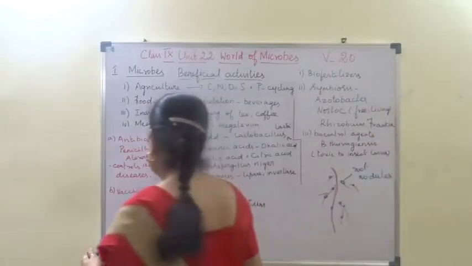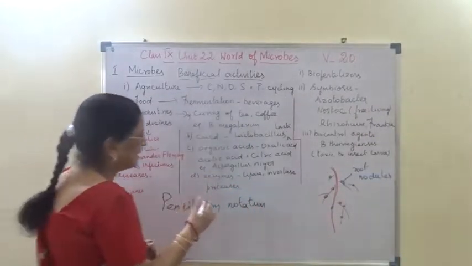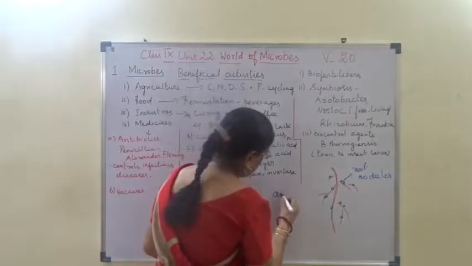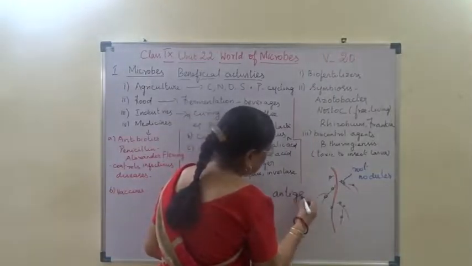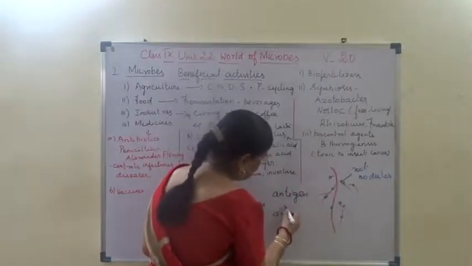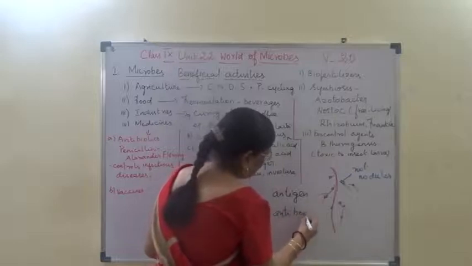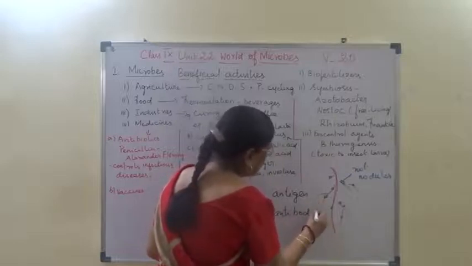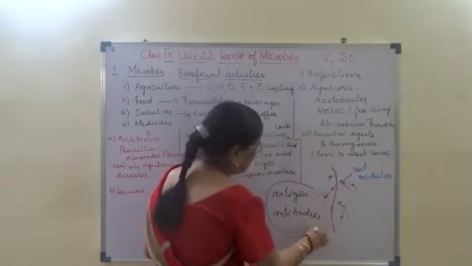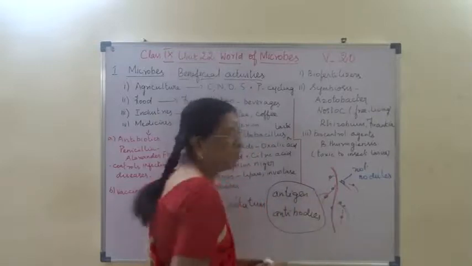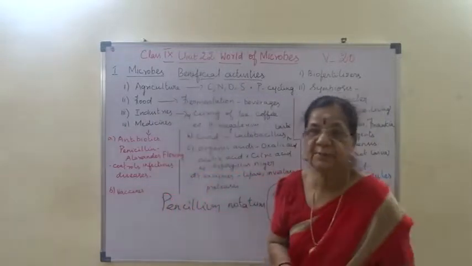So we come across two terms. One is antigen, another one antibody. Now this antigen and antibody normally form a lock and key mechanism.